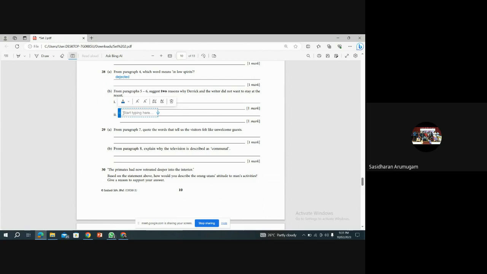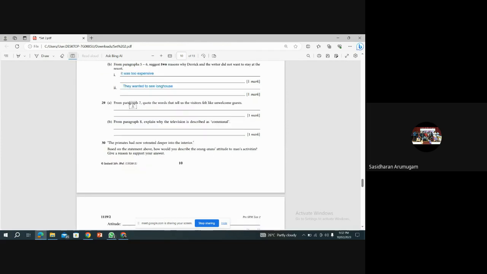Or maybe we can say that they wanted to see a longhouse.